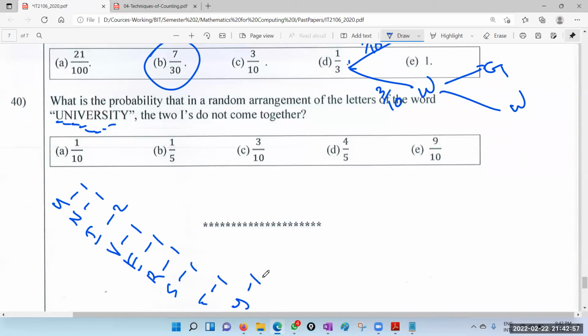Okay, so only two I's are there. So altogether, what is the probability that in a random arrangement of letters of the word university, the two I's do not come together? Right? Two I's do not come together.